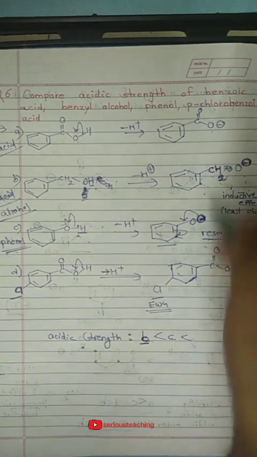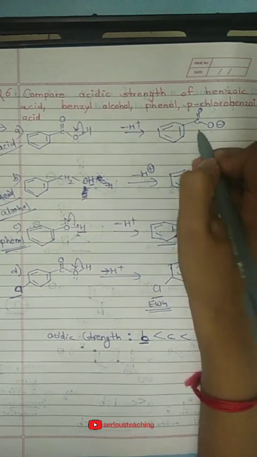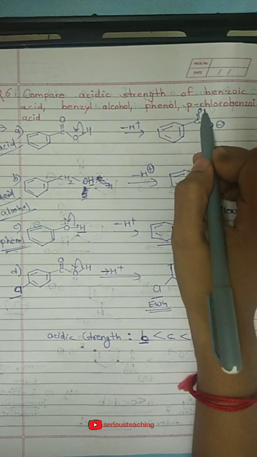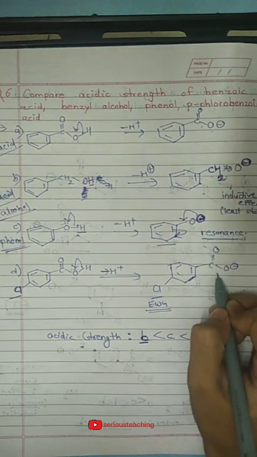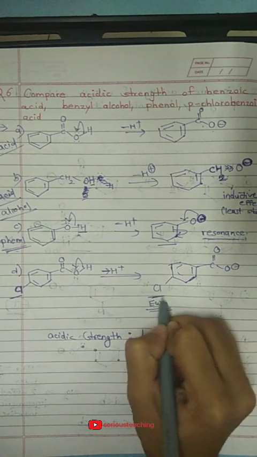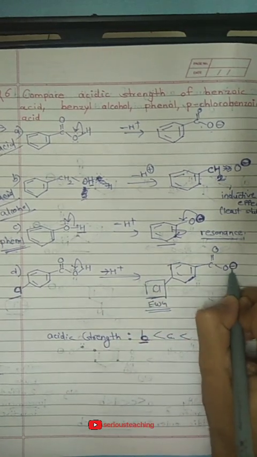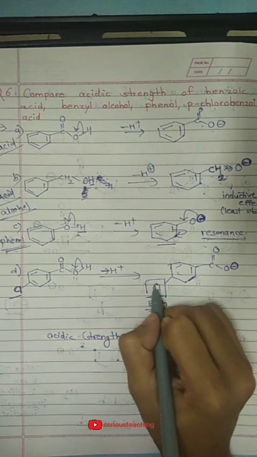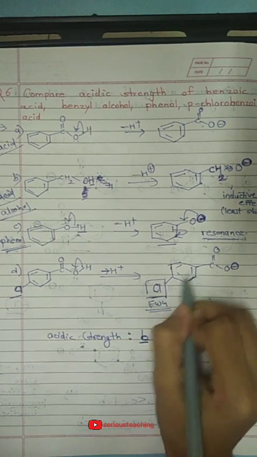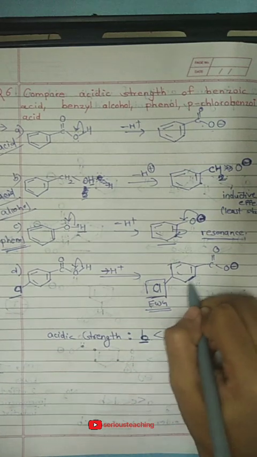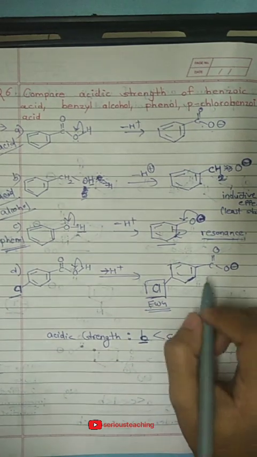Then when we are comparing these two groups, see here the carboxylic acid group is present, here also the same, but the point of difference is this electron withdrawing group, which will stabilize this negative charge. Okay, so this Cl electron withdrawing group is present at the para position, meaning resonance is possible, because we know at the para position and ortho position resonance is seen.